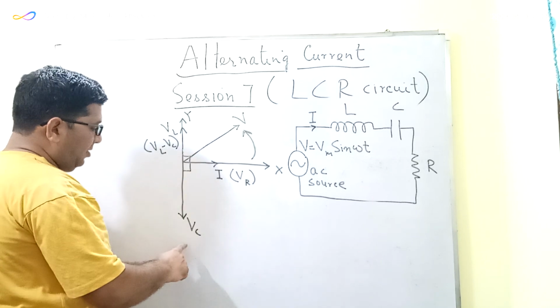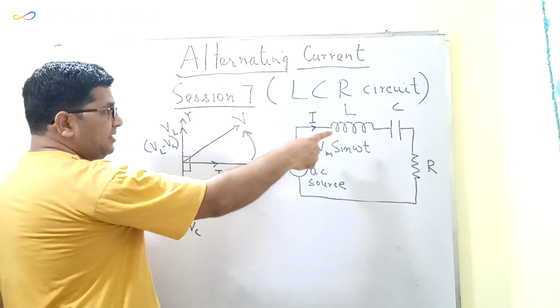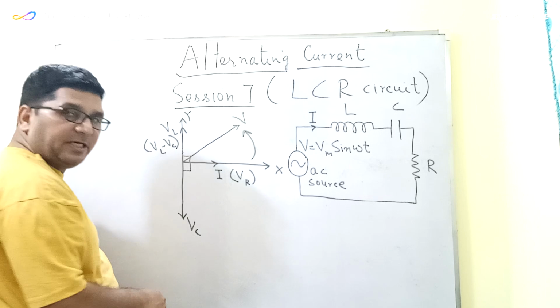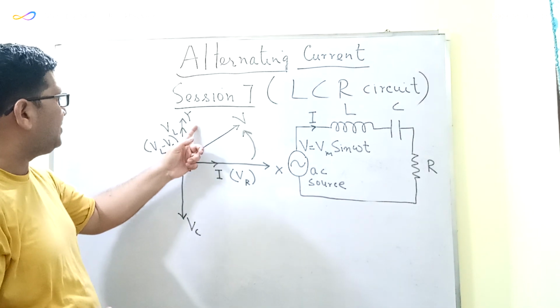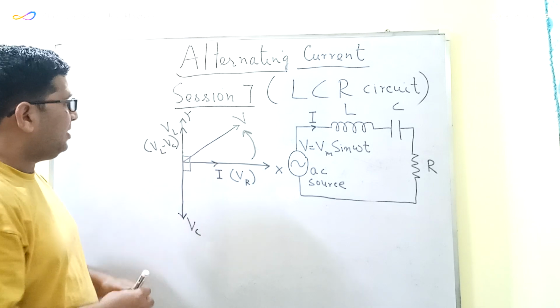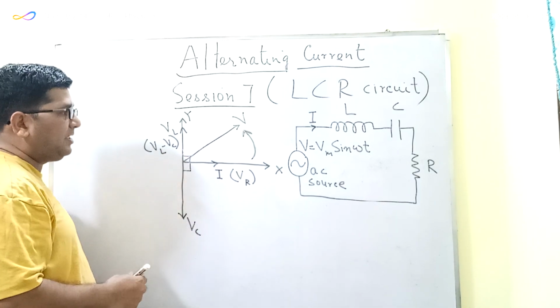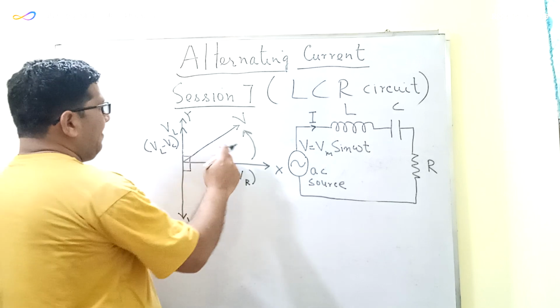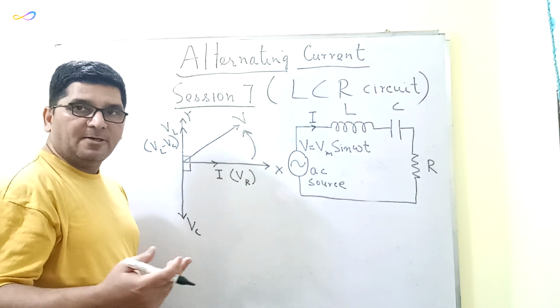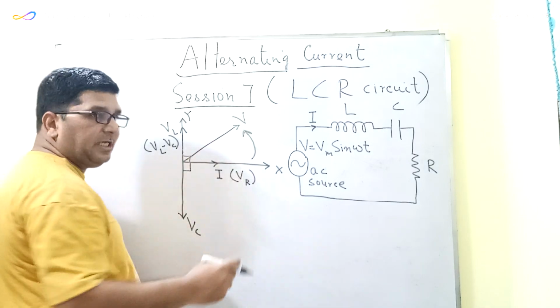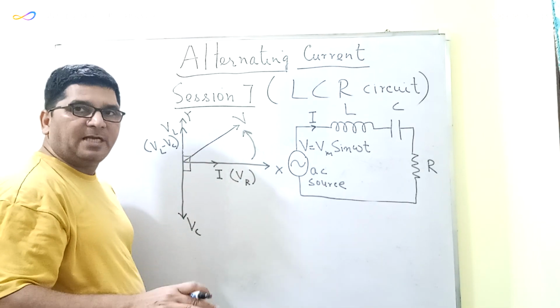The potential difference across the capacitor will be along the negative y-axis, and the potential difference across the inductor will be along the positive y-axis. In this way we have drawn a phasor diagram, and a phasor is basically a rotating quantity, and the direction of the phasor is taken anti-clockwise.